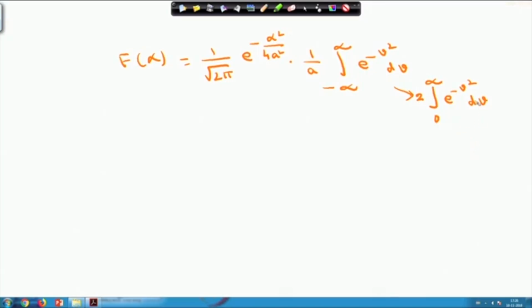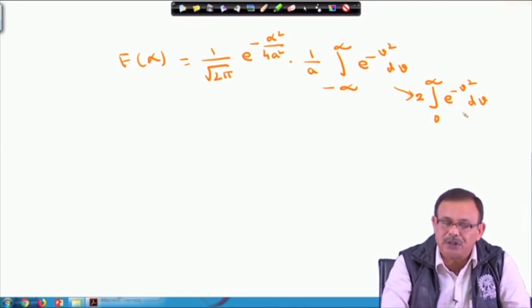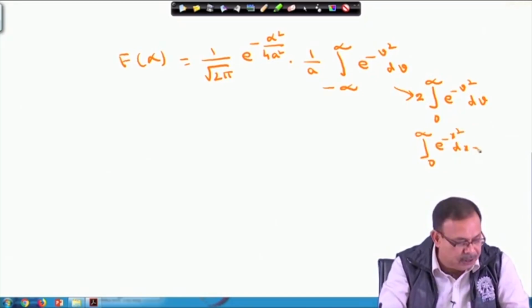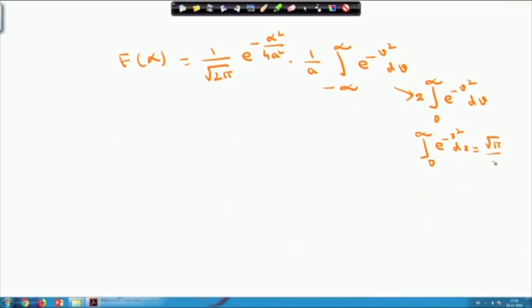Why am I writing this? Because the value of the integral from 0 to ∞ of e^(-x²) dx is equal to √π/2. This I know.